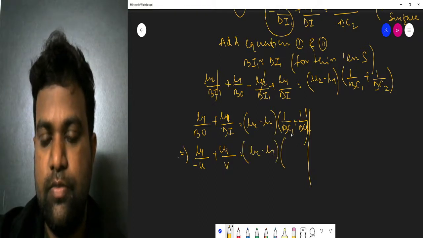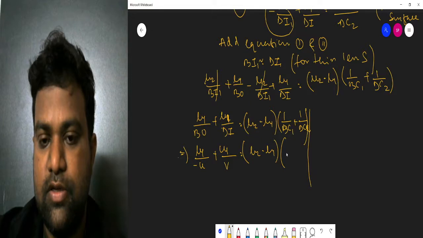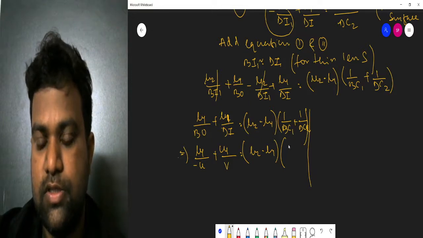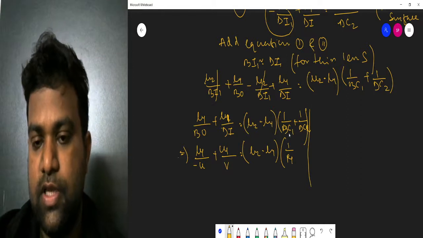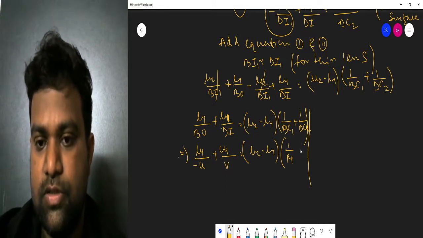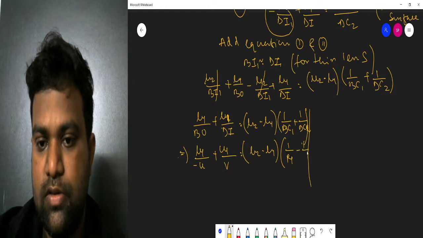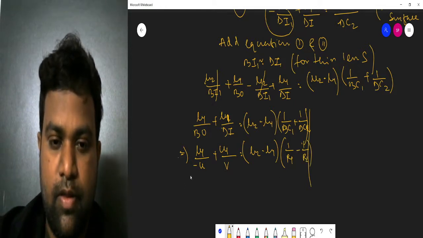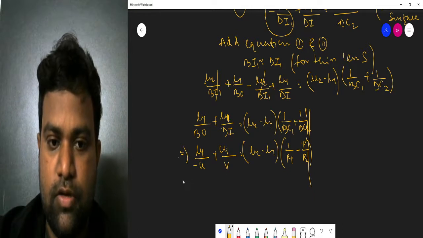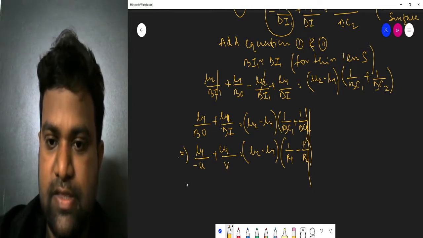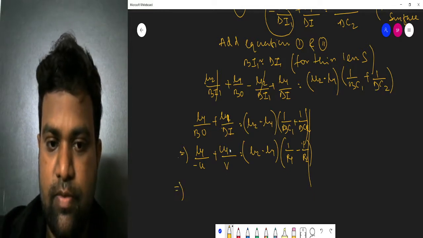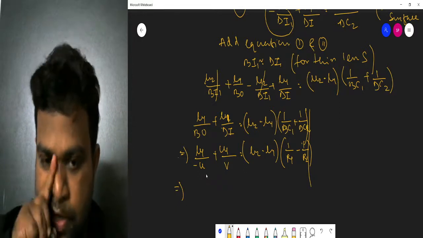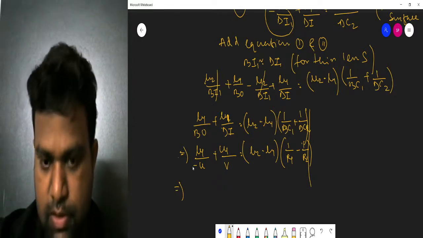As I told you, bc1 is the right side, so it is 1 upon r1, and dc2 is in the left side, so this is minus 1 upon r2. Okay, and this is what your lens, this is called lens maker formula, or you can write this in this way.